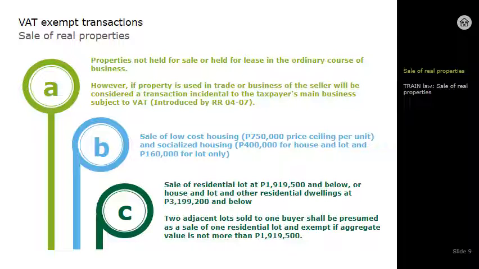Meaning, ibig lang sabihin, suffice to say, exempt from the VAT is the sale of real property held as capital asset. Having said that, only real property held as ordinary asset will be subjected to the VAT. Well, that's a good point, no? Only assets held as ordinary.